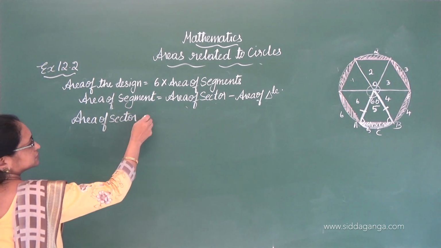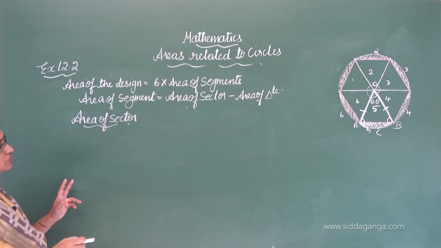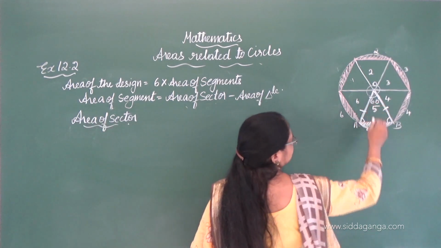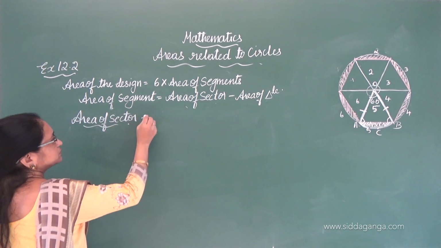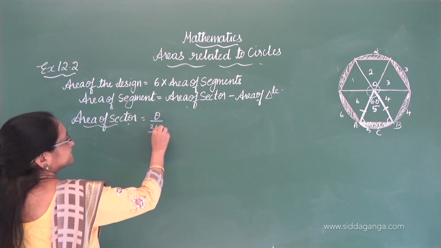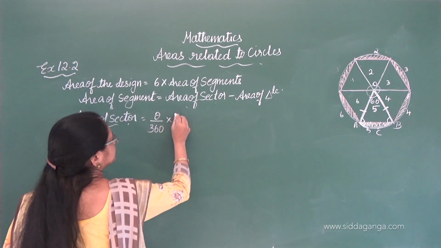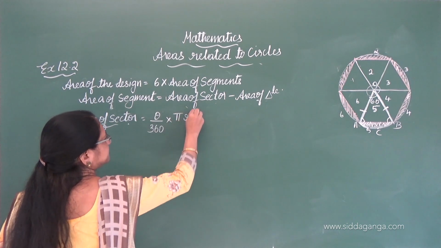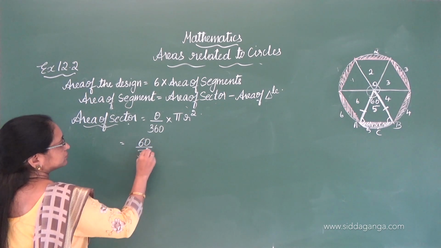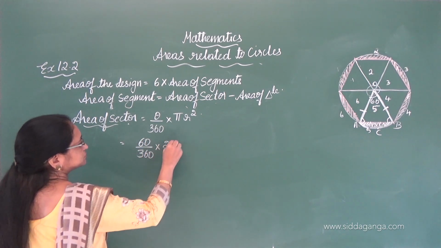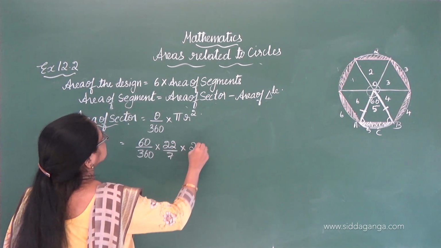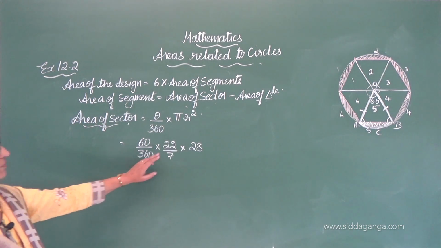Area of sector. Before finding it, I told you the angle will be 60 degrees here. So the area of the sector is equal to theta by 360 into pi r square. Theta is 60 degrees by 360 into 22 by 7 into the radius squared. What is the radius?